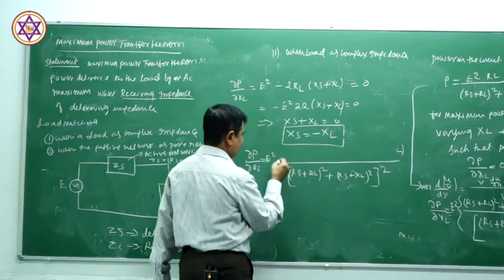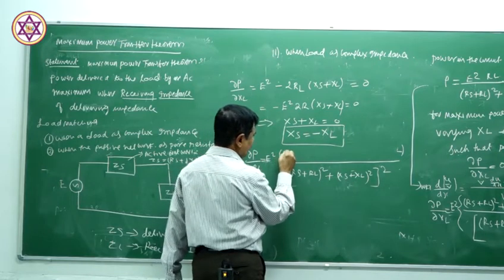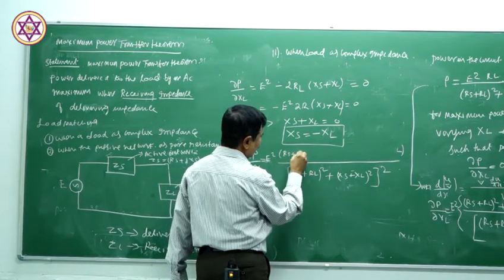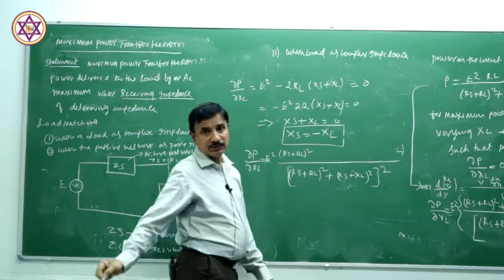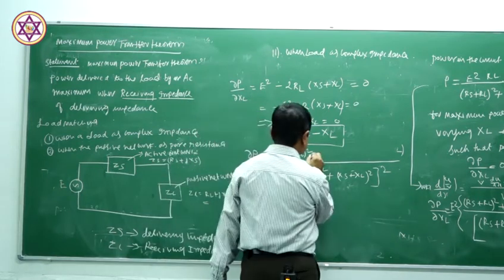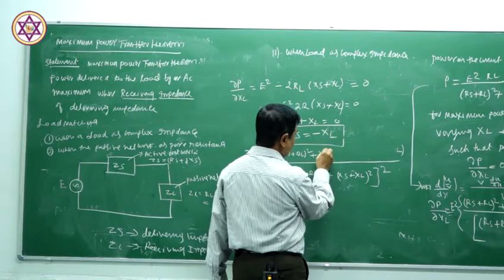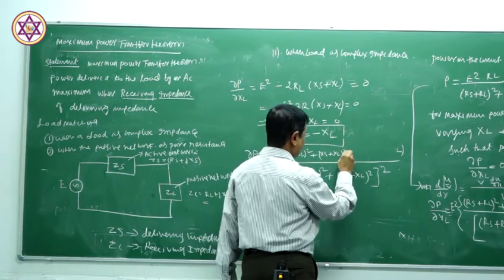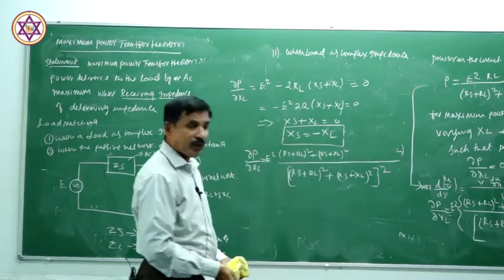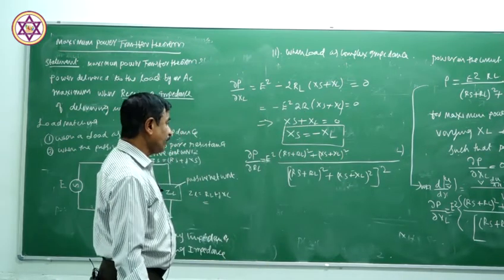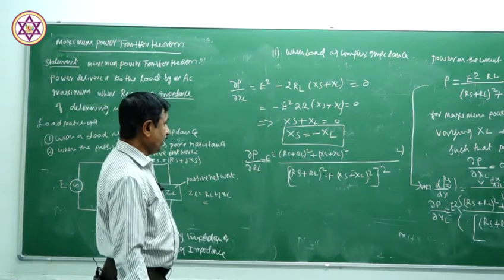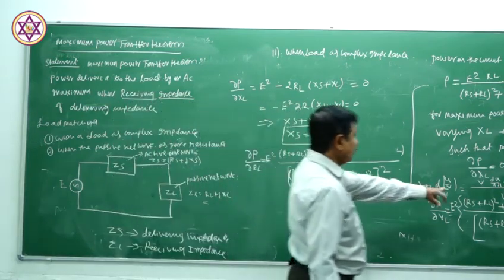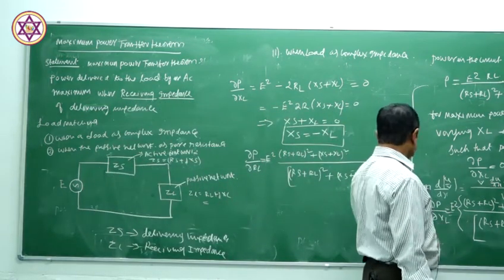We have to write it as it is: v is (RS plus RL) the whole square plus (XS plus XL) the whole square, into. Now I have to differentiate u with respect to RL.